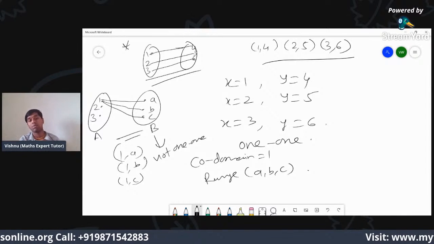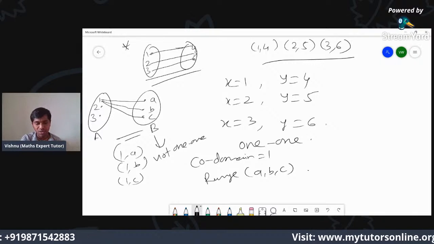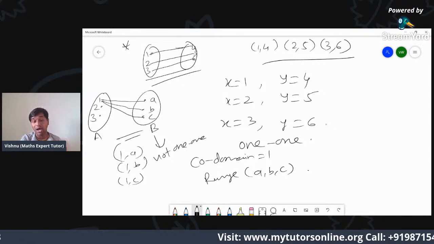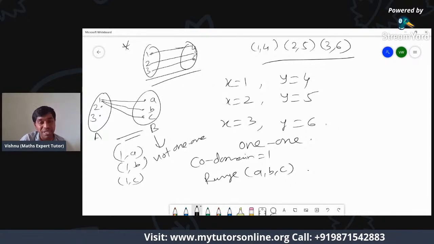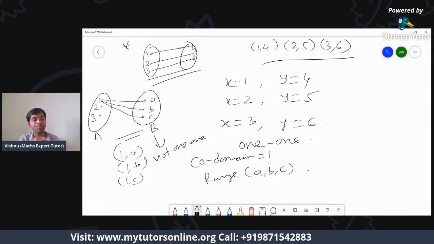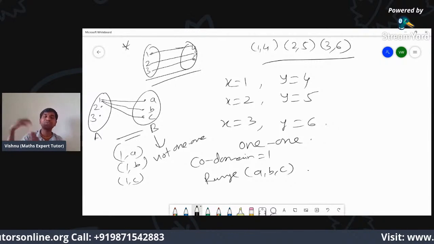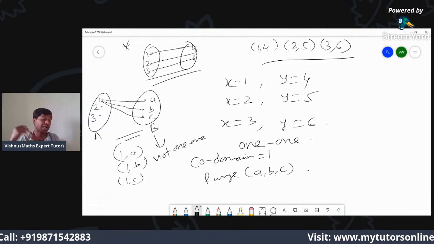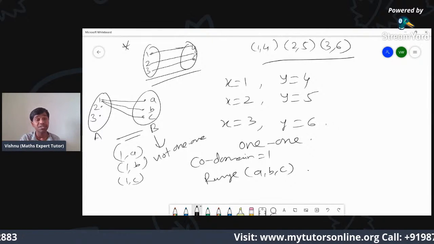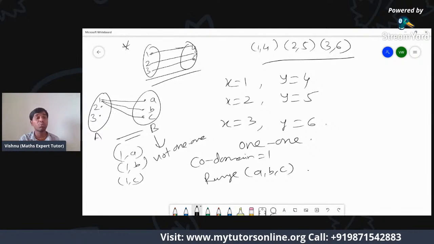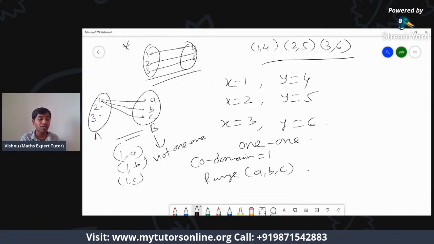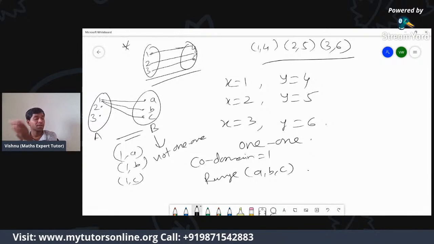What is the codomain? The codomain is the set of values which X takes, basically. If X is the first variable, the values which X takes are the codomain. The values which we get after substitution are the range. Here the range is A comma B comma C. Codomain is 1, and for each codomain value, if there is a value here in B, it is one-one.